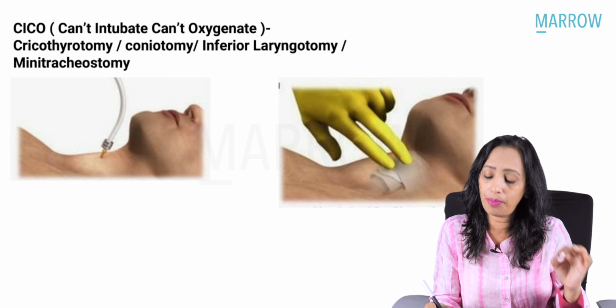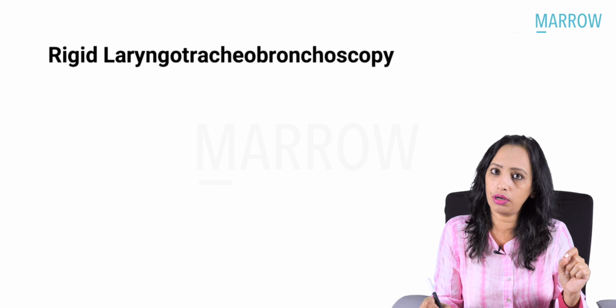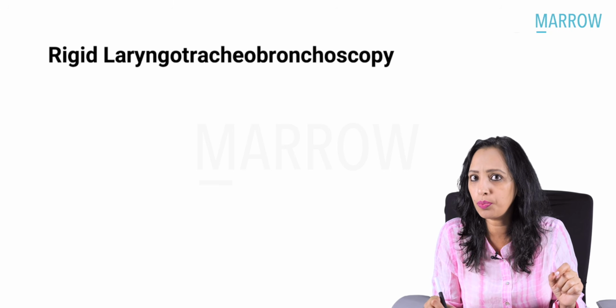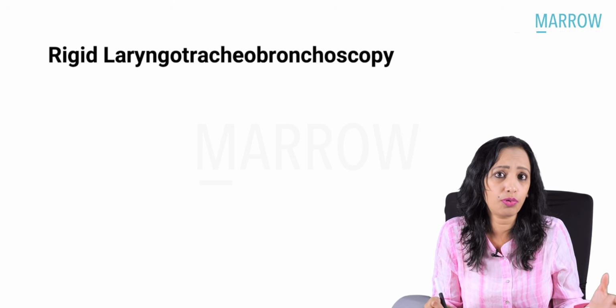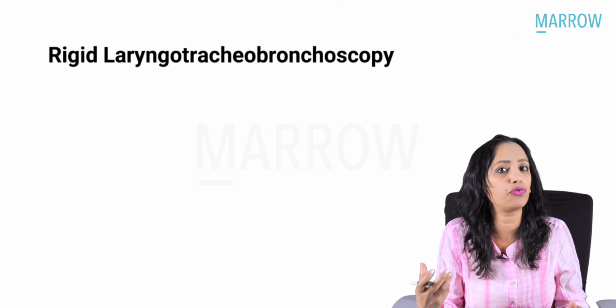So it is just for buying time. So ultimately you have to take up the patient for a laryngotracheobronchoscopy. Yes, that is a rigid bronchoscopy or rigid laryngotracheobronchoscopy to remove the foreign body.